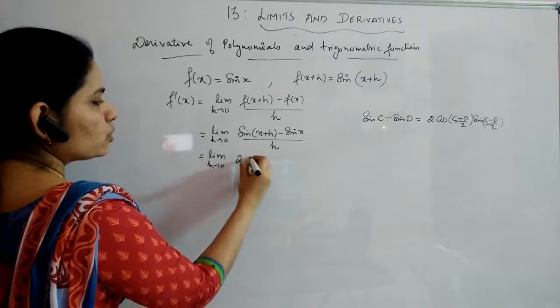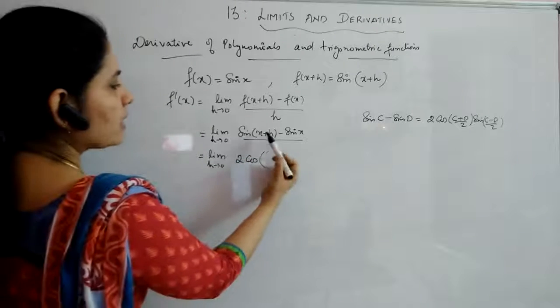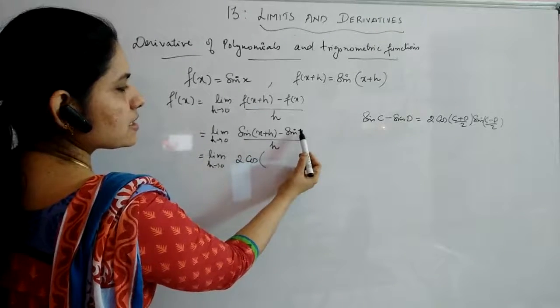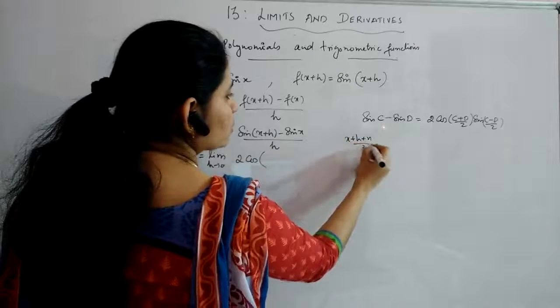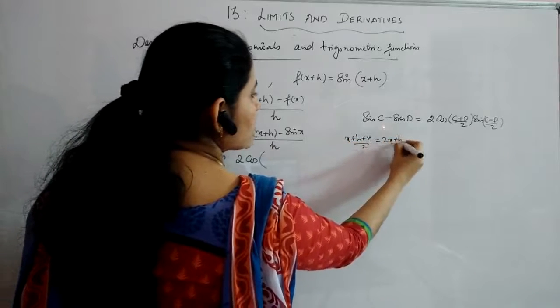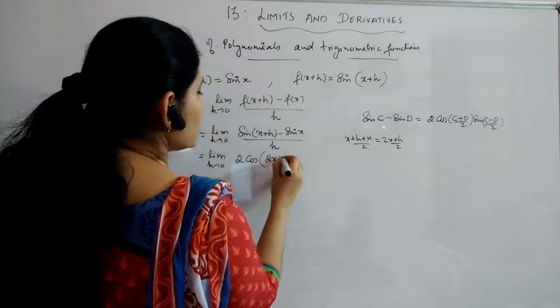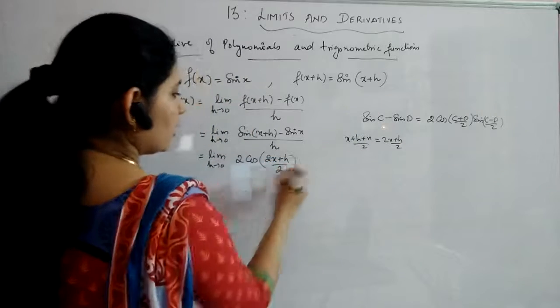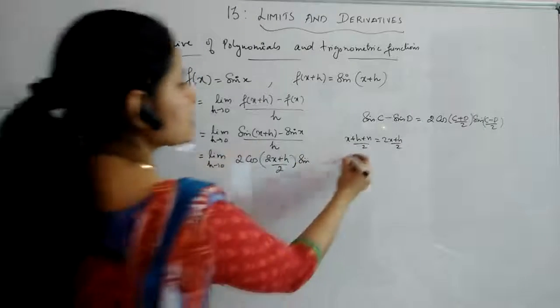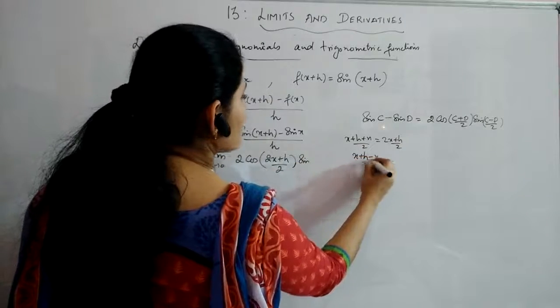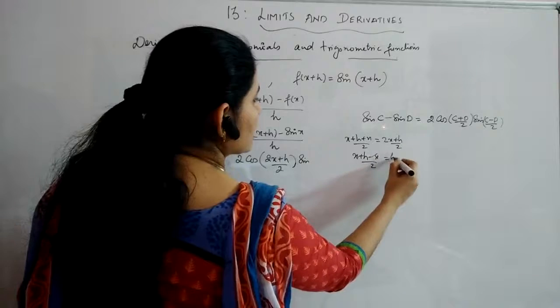First you will have 2 cos, the angle will become this plus this by 2. This is x plus h plus x by 2 will give you 2x plus h by 2. So the angle becomes 2x plus h by 2 into sin c minus d by 2. C minus d means x plus h minus x by 2. So that you will get h by 2 here.